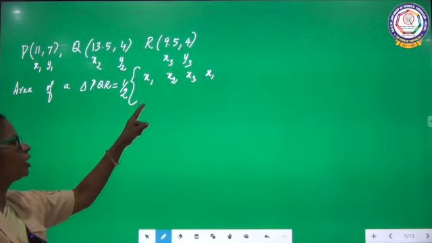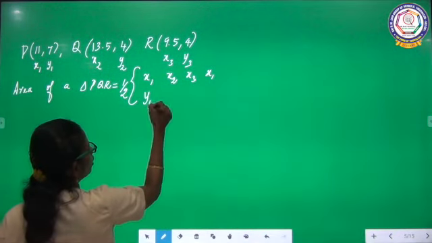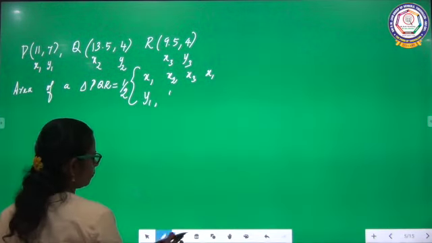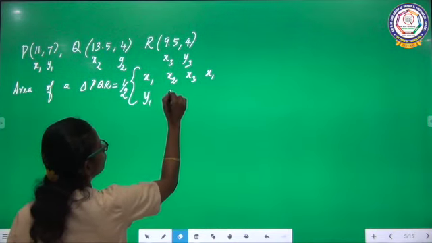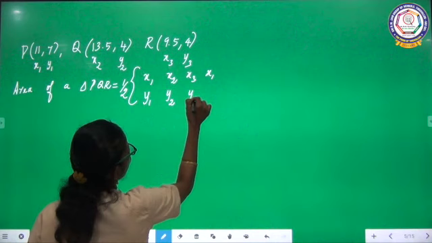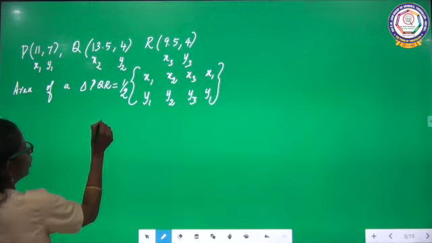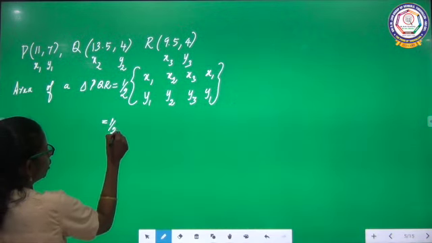If it is quadrilateral, you have to write X4 and X1. Y1, Y2, Y3, Y1. Now you have to place the number 1 by 2.